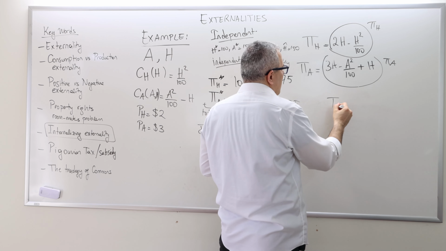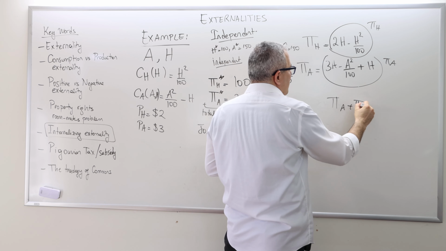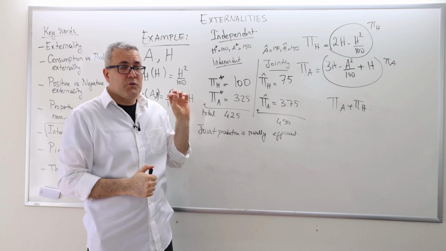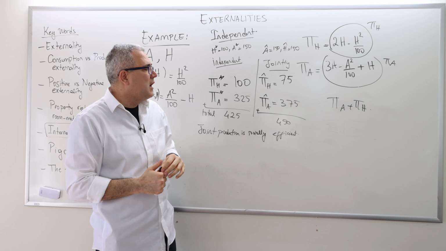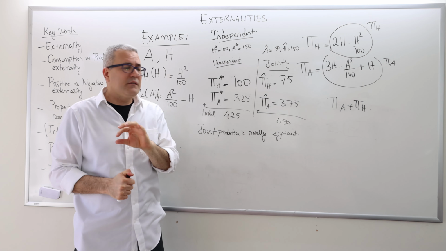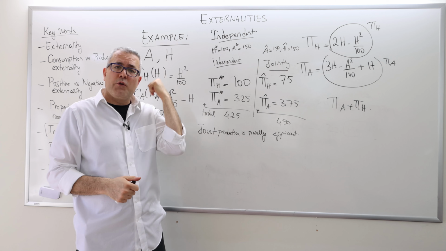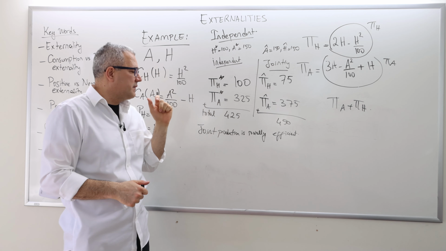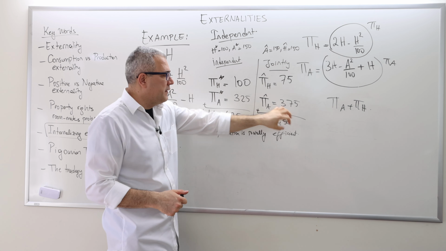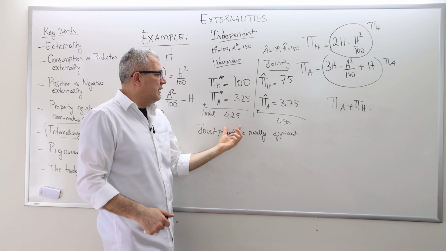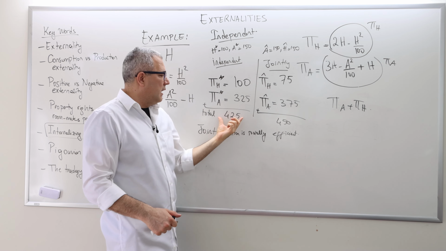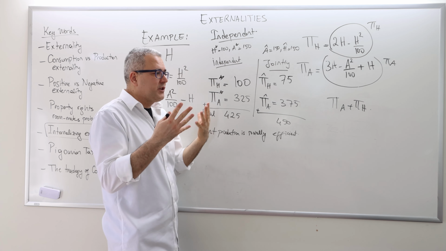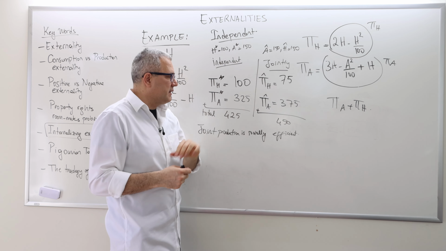Pi A plus pi H is the social welfare function, and this is the social welfare maximizing allocation. We know that it is Pareto efficient. Remember our earlier chapter discussions, especially the very last video, as far as I remember. So this is Pareto efficient, and it's sort of obvious that it's a Pareto improvement, in the sense that the total welfare increases.